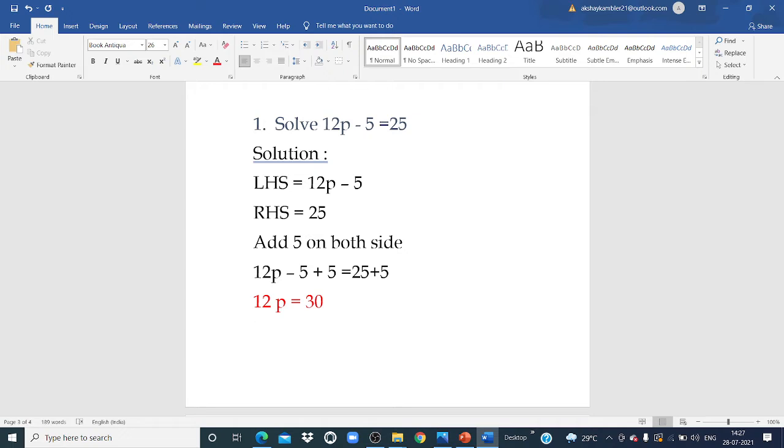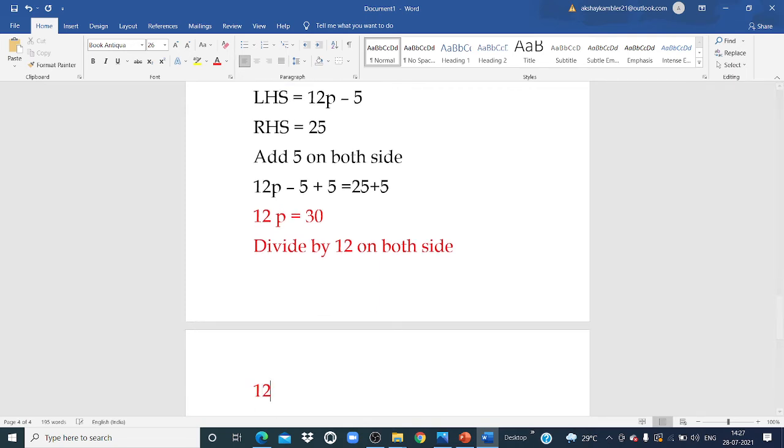Again we have to solve. So now the second step is what? Now we have to find the solution. How will we get the solution? Solution means simply we have to find the answer for the variable. P is equal to what? That only we have to find out. So what will we do? Now we will divide by 12 on both sides.